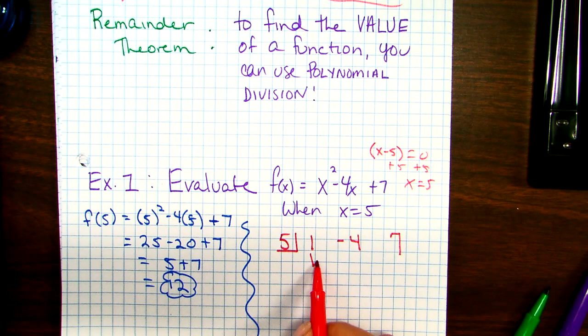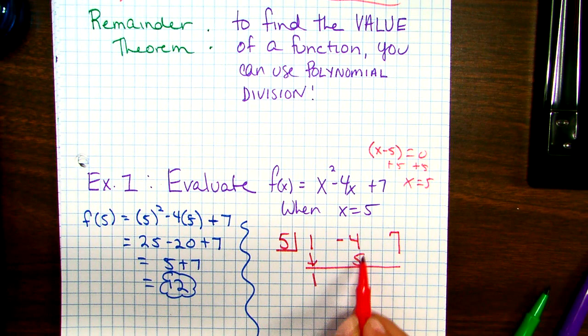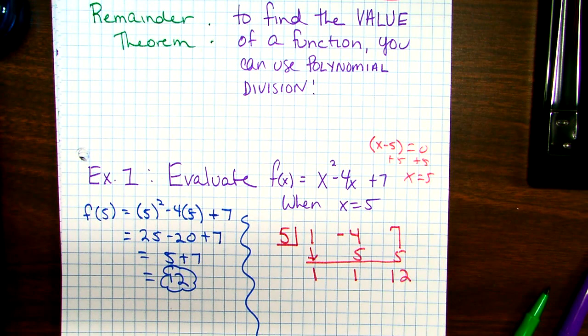Let's go through our synthetic division steps. Anybody see anything magical? The remainder, that's why it's called the remainder theorem, is f of 5. So you can use synthetic division to plug any number into any polynomial.